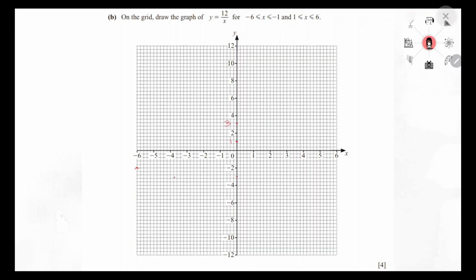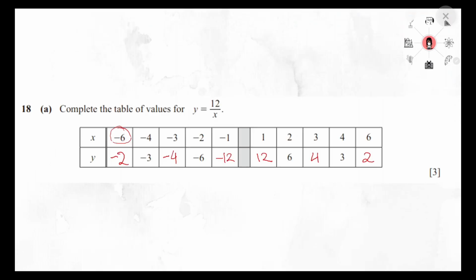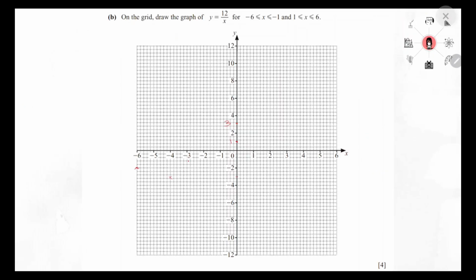So this would be minus 4, minus 3. Next one is minus 3, minus 4. The x would be minus 3 and y would be minus 4. So the point would be here.